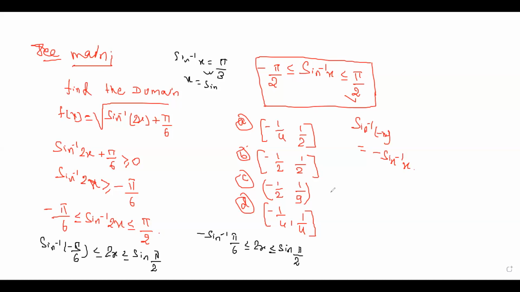Now tell me, what is the sine pi by 6? Sine pi by 6 means sine 30 degree. Sine 30 degree means 1 by 2. So it will be minus 1 by 2, 2x, and sine pi by 2, 1. It means minus 1 by 4, x by 2.